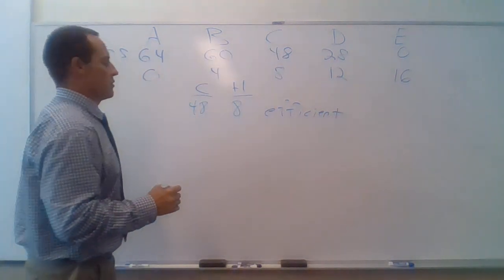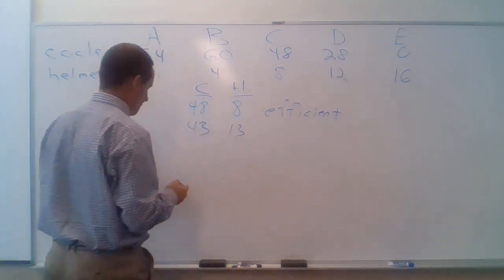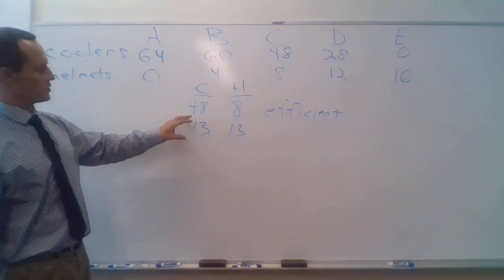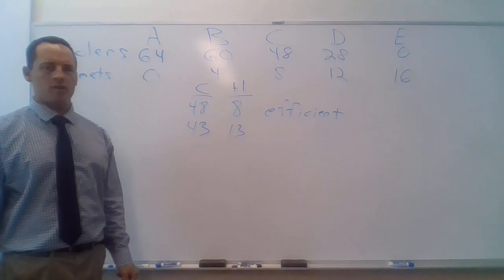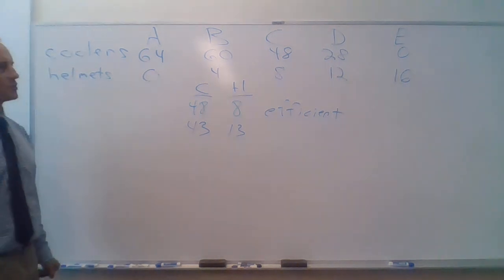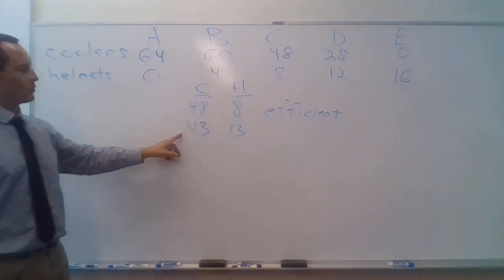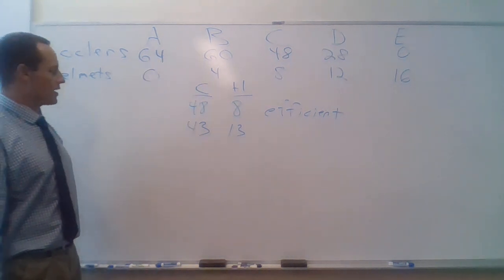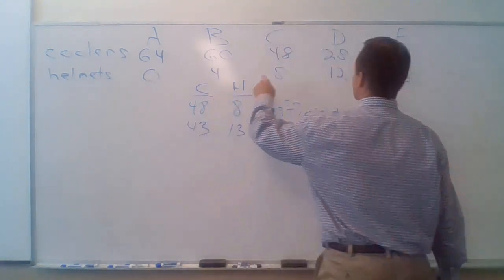We also consider 43 and 13. Is it efficient? Because we gave up 5 coolers and we gained 5 helmets, a 1-for-1 trade-off. Is that something that's possible? Well, that might be possible between A and B, but if we look at the numbers here, we don't seem to be up in that realm. 43 coolers is right here.